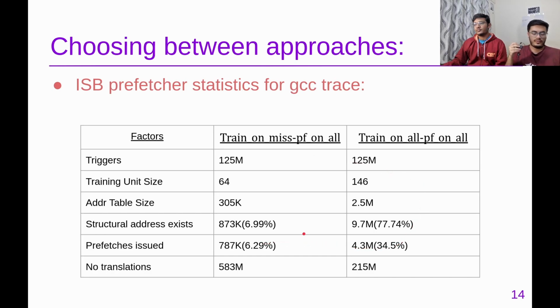The best configuration gives around 4.11 speedup, but its space is 2.5 million addresses, which is 8 times that of the first configuration. With the first configuration we can get a decent speedup, and the space savings are huge. So finally we are going ahead with the train on mesh and prefetch on all configuration, for both reasons, the space and the speedup.